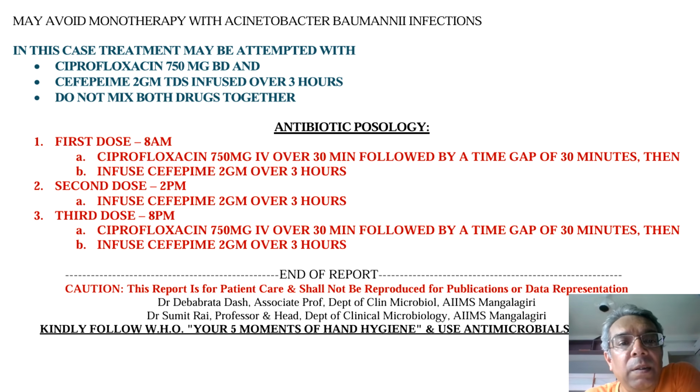Then, of course, we can slowly infuse cefepime 2 gram over 3 hours. And because cefepime is given 3 times a day, the second dose at 2 p.m. will be only cefepime without Cipro. And the third dose will be just like the first dose: Cipro 750 mg IV, a gap of 30 minutes, followed by cefepime.